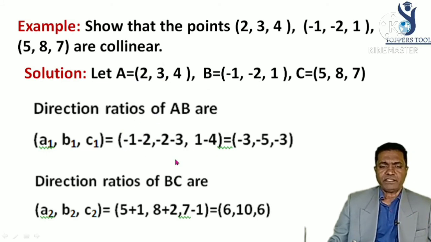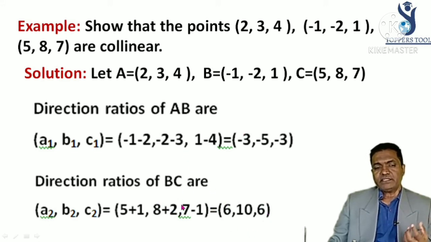Simplify this, you will get this. Similarly, find the direction ratios of BC. Direction ratios of BC are 5 minus of minus 1, that is 5 plus 1, 8 minus of minus 2, that is 8 plus 2, 7 minus 1. On simplification you will get this.